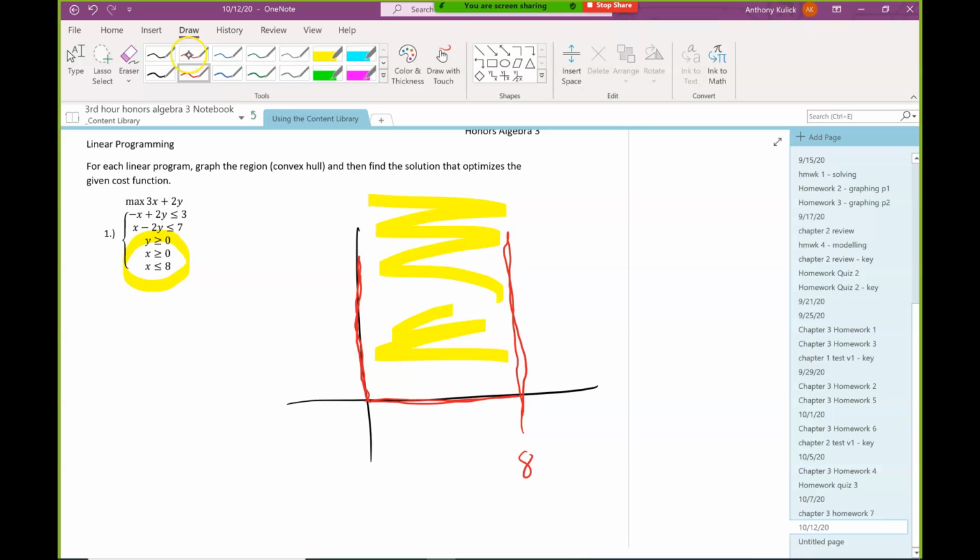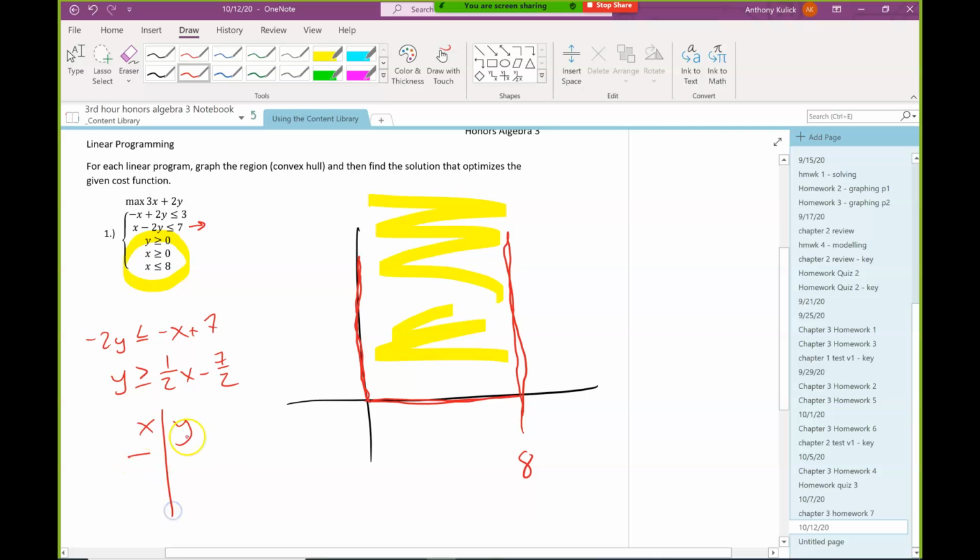Now let's look at these two. If I rearrange this one, I have negative 2y less than or equal to negative x plus 7. When I divide by negative 2, I have that, right? To graph this, I'm just going to use 2 points.